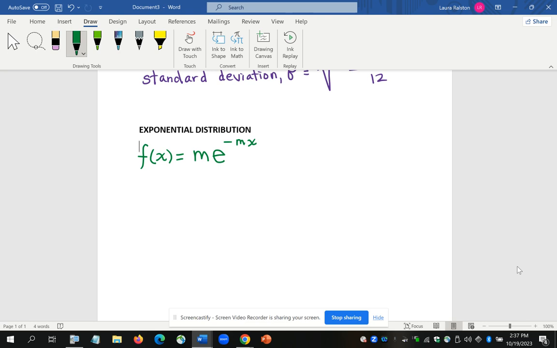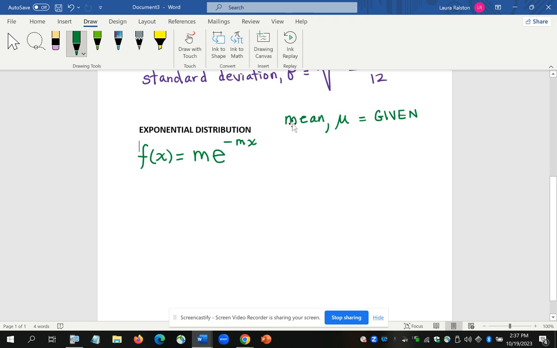Things that I do need: I would need the mean, which is represented by mu, and that will be given in the scenario. Typically with an exponential, you have to start out knowing what the mean value is.